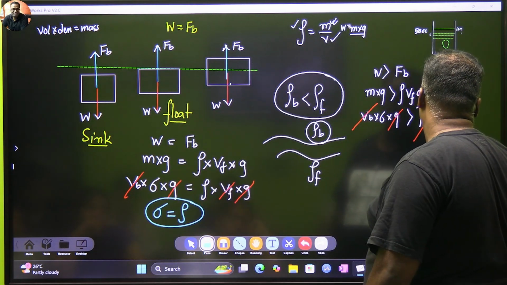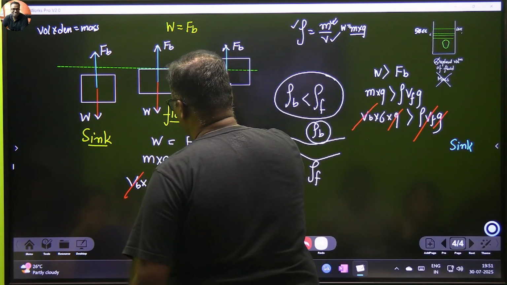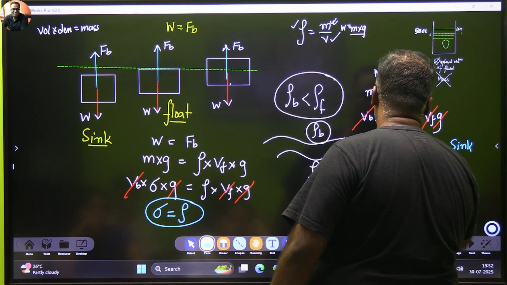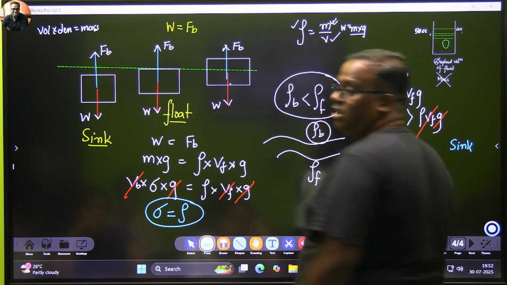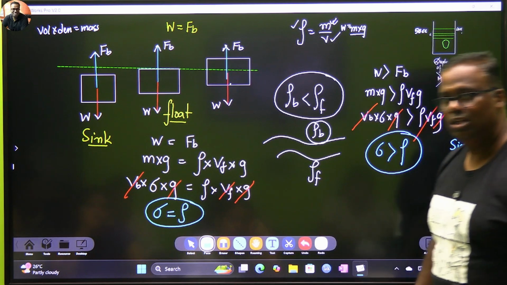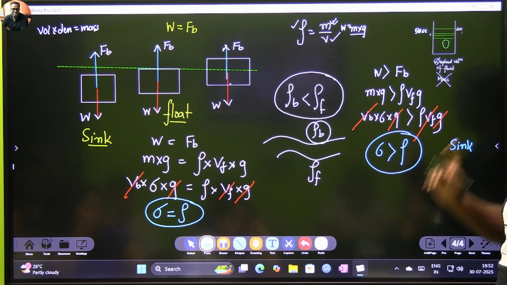This was float at this position. If you want to sink, then your density has to be more than the density of the liquid. If your density is more than the liquid's density, you will sink 100%. This is another interesting finding.